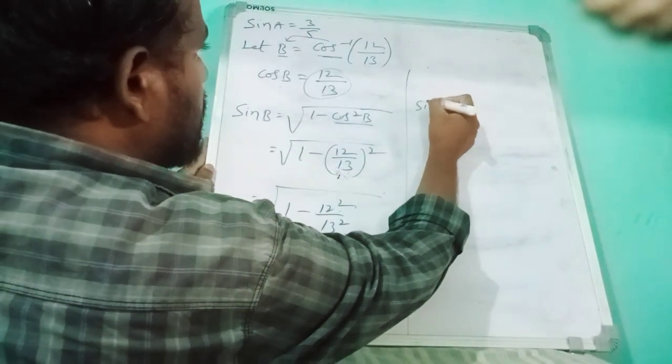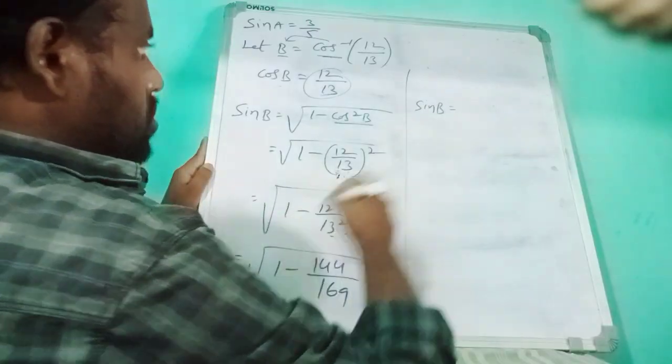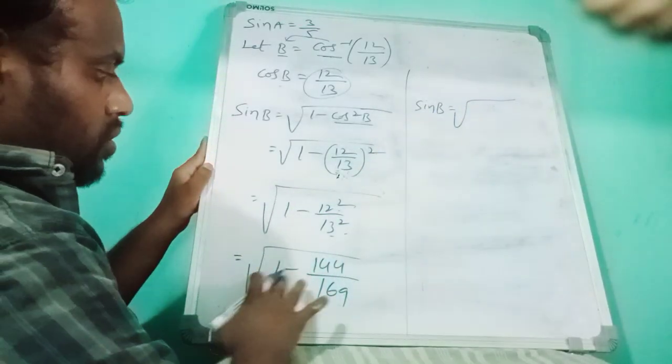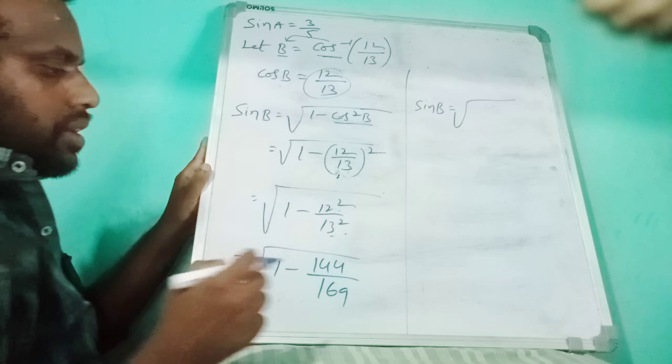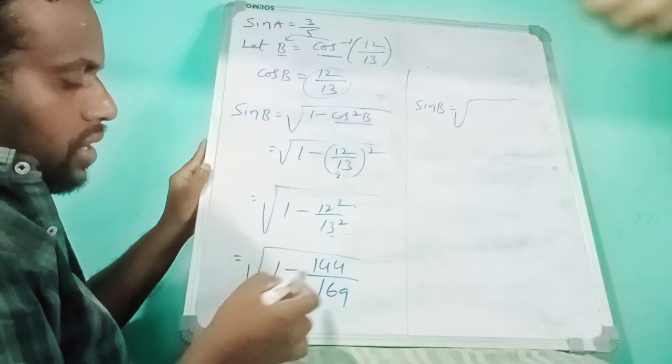So sin B is equal to square root of 1 minus 144 by 169. Here nothing is there means 1 is there.